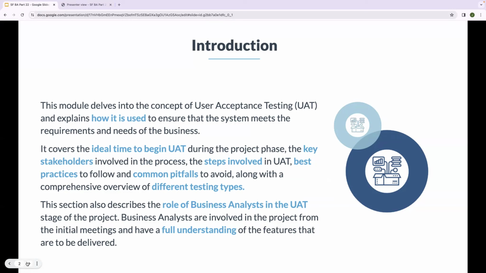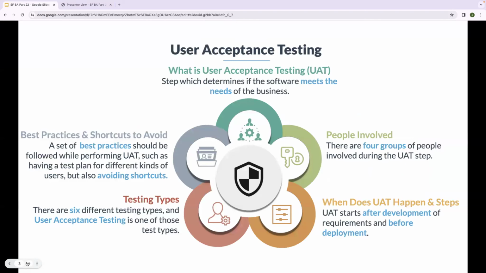Business analysts are involved in the project from the initial meetings and have a full understanding of the features that are to be delivered. User acceptance testing steps, which determine if the software meets the needs of the business. Best practices and shortcuts to avoid: a set of best practices should be followed while performing UAT, such as having a test plan for different kinds of users, but also avoiding shortcuts.